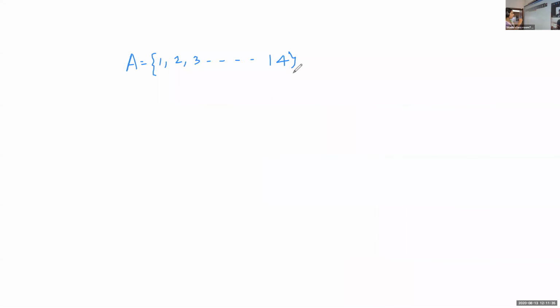Define the relation capital R from A to A by R is equal to the set of all ordered pairs (x, y) such that 3x minus y is equal to 0.